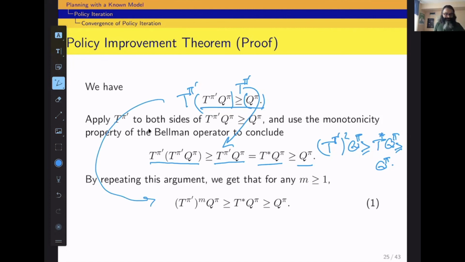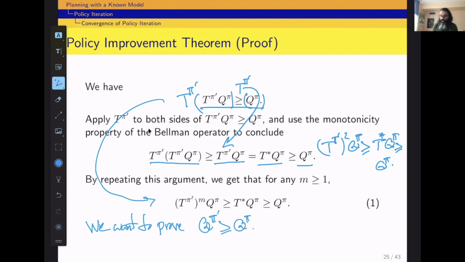Okay, so do you know what we should do next? Let's see what we want to prove. We want to prove that Q of pi prime is greater or equal to Q pi.